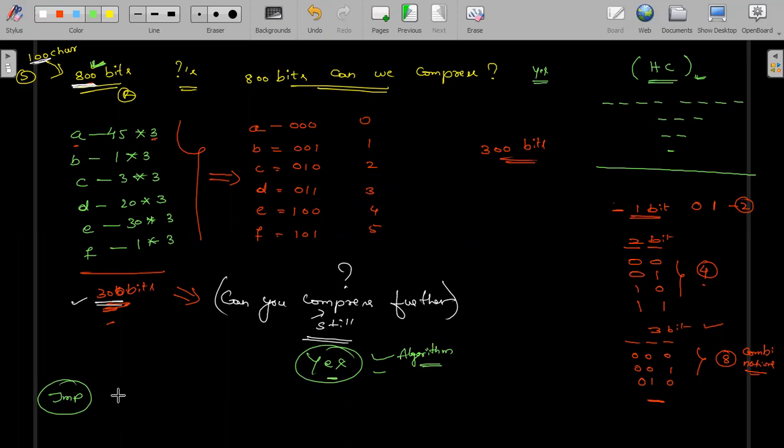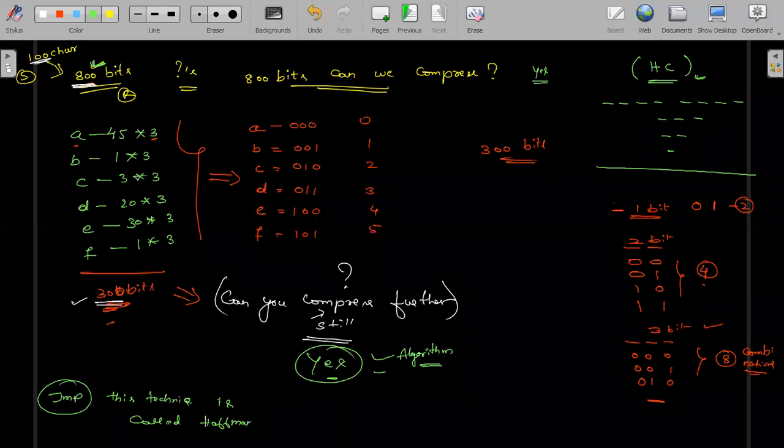That algorithm has a technique, and this technique is called Huffman coding.